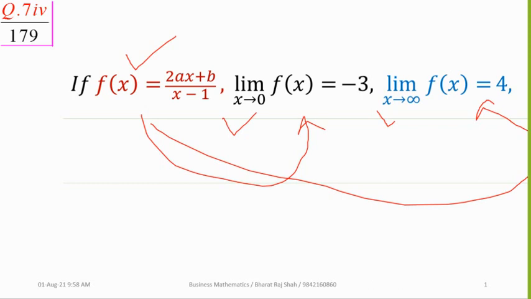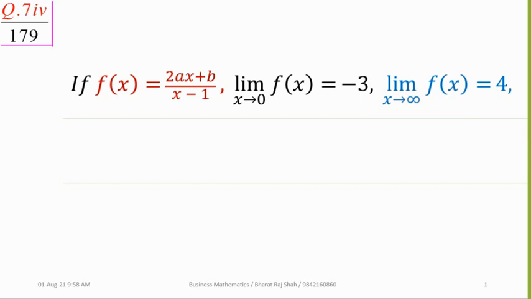Simply because there are two unknowns, a and b. If there was only one unknown, we would have been given only one limiting value. One unknown, one value; two unknowns, two values; three unknowns, three values, like this.